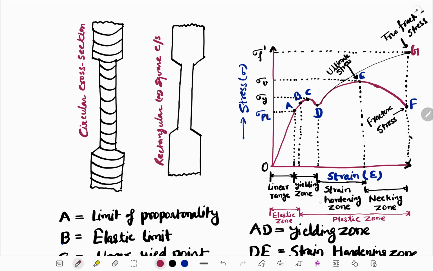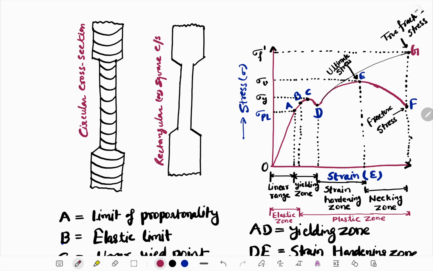As we see on the x-axis, we have the linear range, which means 100% recovery is possible. Then in the yielding zone, A to D, the material will yield, meaning it loses its capacity and deforms.